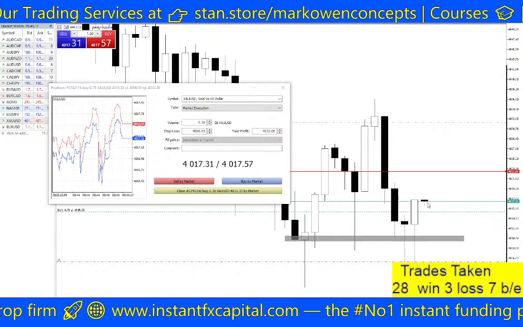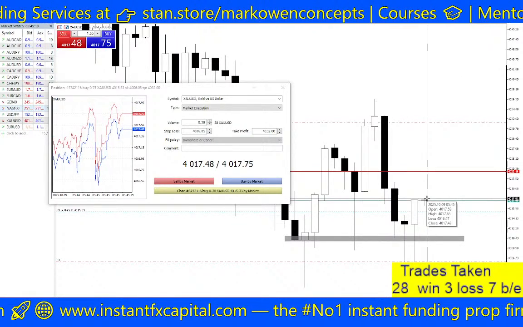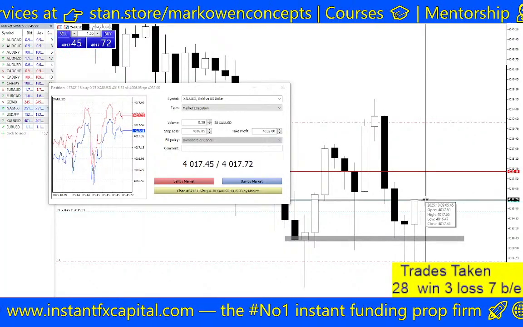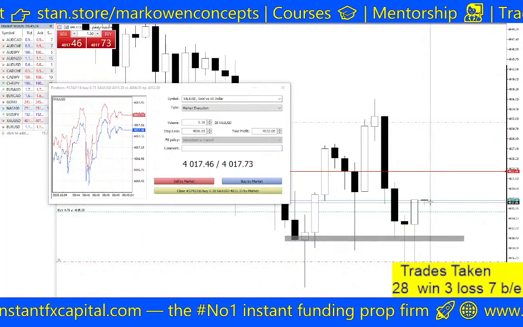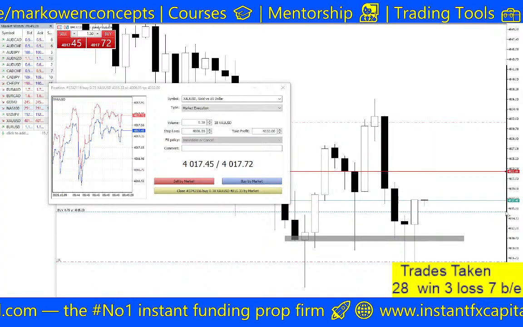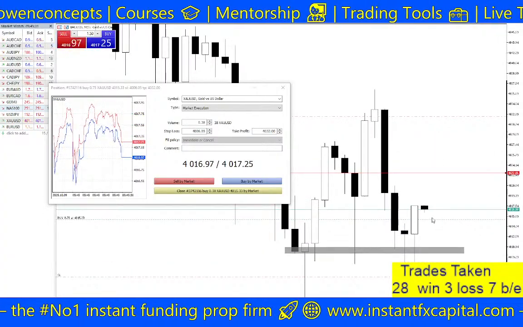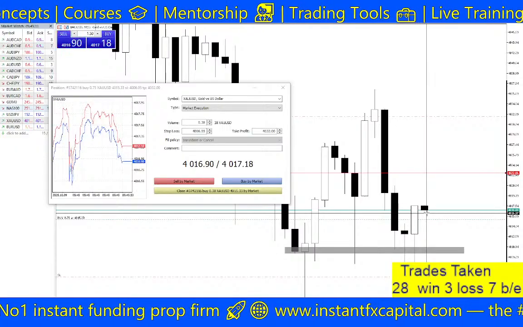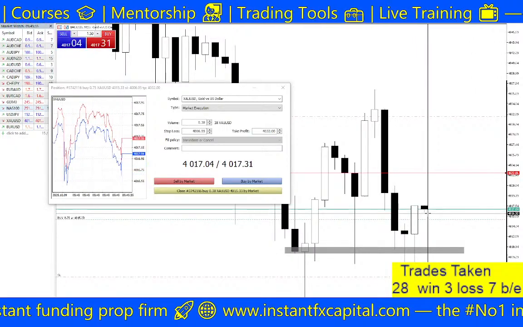Okay, so if we now break our own high, I'm going to bring my stop to break even because we've created a bottom wick. So it's still going to have, what's that, about eight points. Well, that's if this is going to be the bottom wick. It may come deeper.